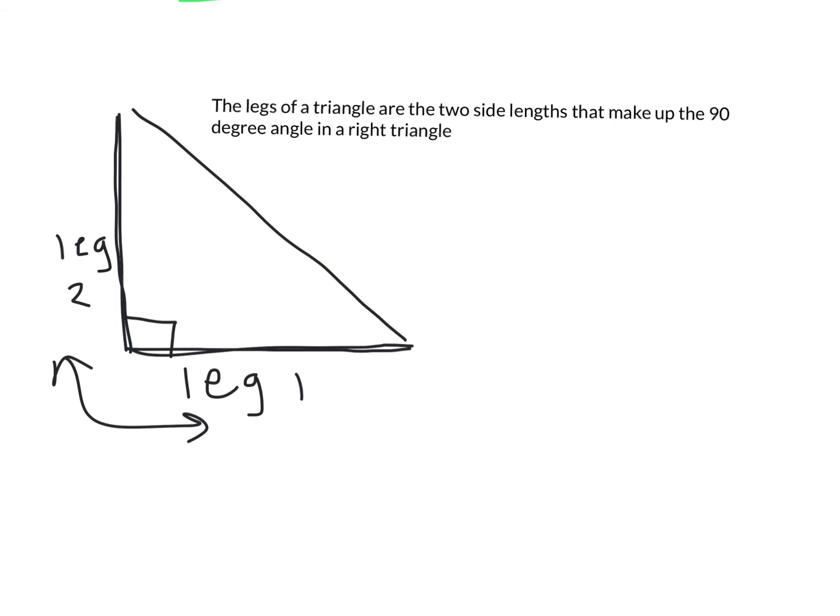So that leaves one additional side of the triangle that we haven't defined yet, and that side of the triangle is the one that is across from the 90-degree angle. So you can see here's the 90-degree angle, and straight across from the 90-degree angle is the third side length, which we call the hypotenuse.